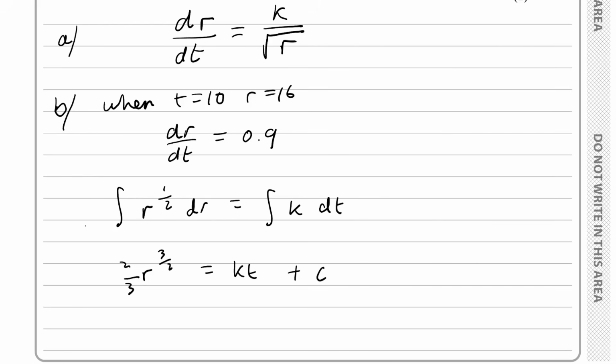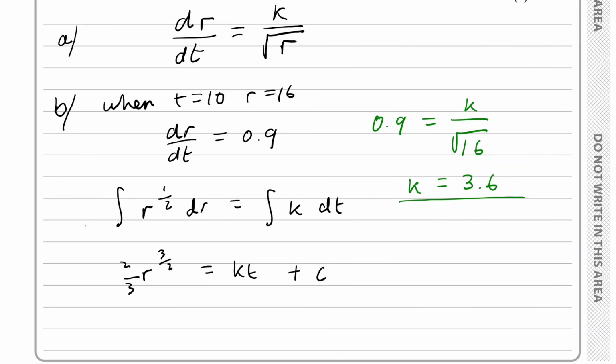And we know that when t is 10, r is 16, and dr/dt is 0.9. So actually, if we substitute into dr/dt, 0.9 equals k over square root 16. We can find k to be 4 times 0.9, 3.6.